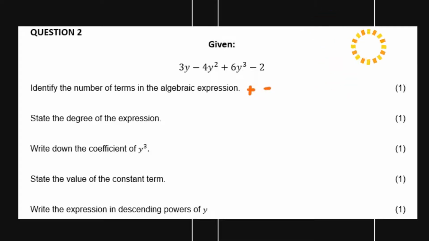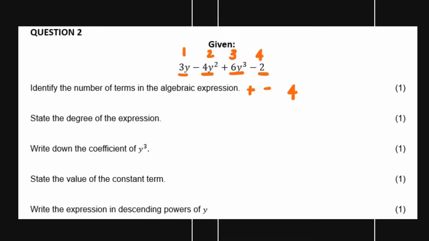So we have 3y as term 1, separated by the minus sign. The second term would be 4y squared, and then it gets separated by the plus sign. Thereafter, we have 6y cubed, which gets separated again by the minus sign, and then we have 2. Therefore, we have 1, 2, 3, 4 terms within this algebraic expression.